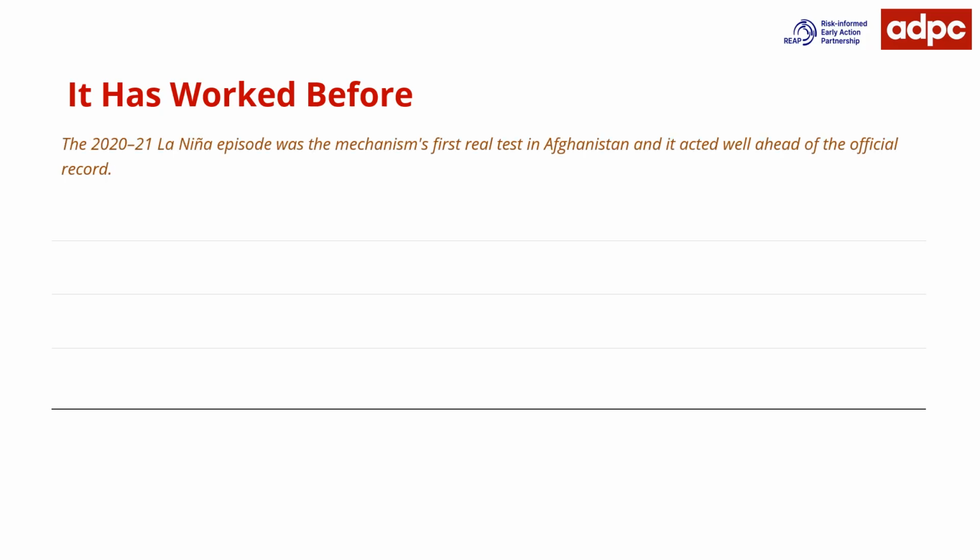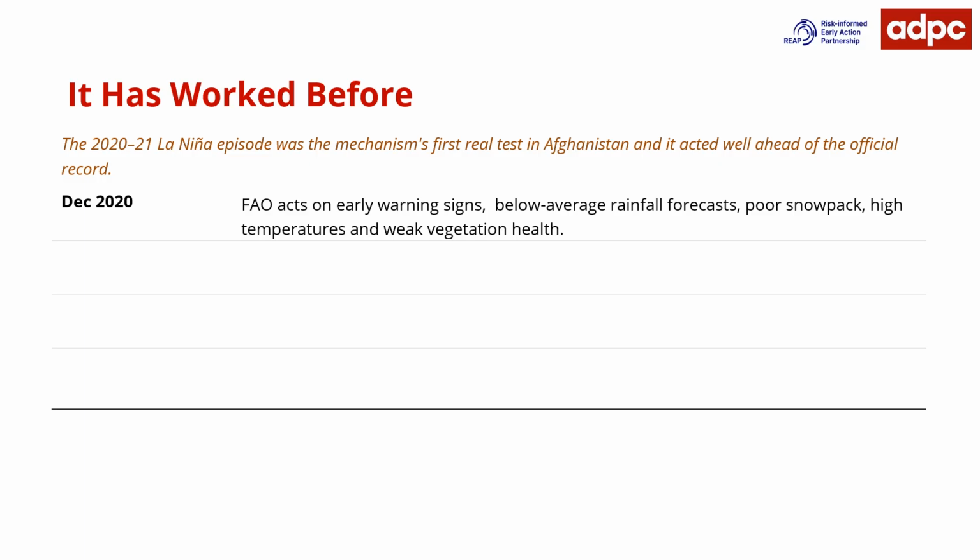Has this mechanism actually delivered results? The 2020-21 La Nina episode was the mechanism's first real test in Afghanistan, and it acted well ahead of the official record. In December 2020, FAO acted on early warning signs: below average rainfall forecasts, poor snowpack, high temperatures, and weak vegetation health.